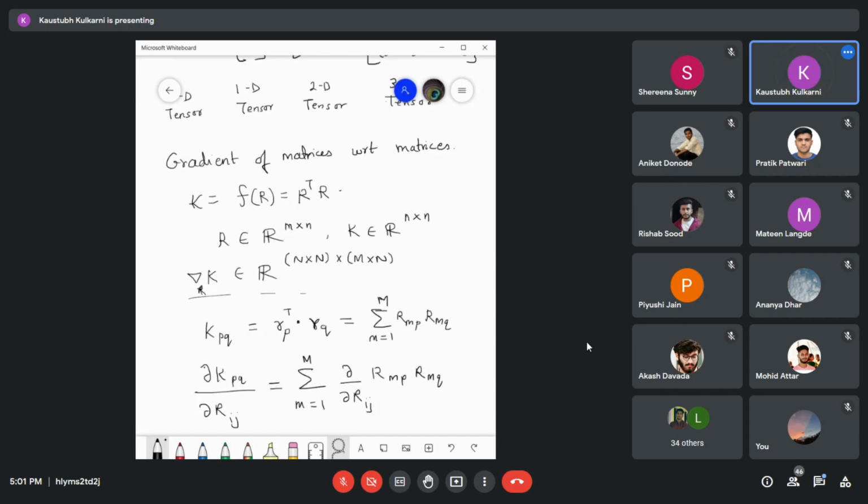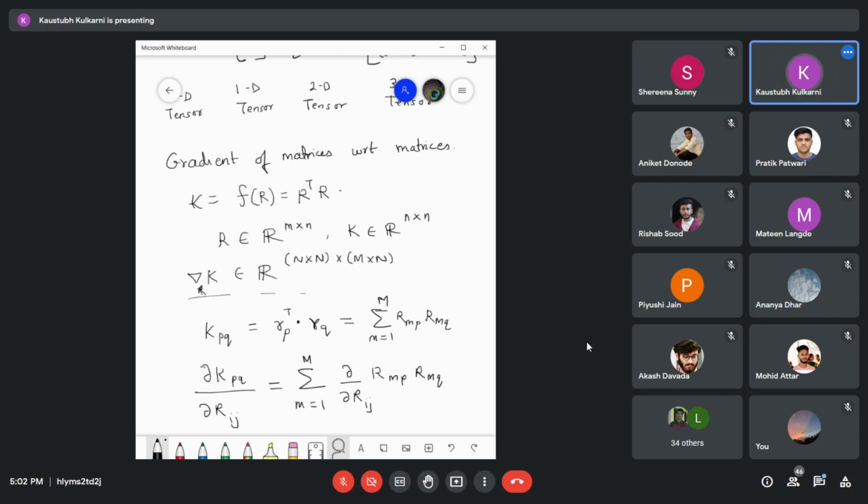Then K_pq means, again this is just the matrix multiplication rule which I'm stating again. When I'm multiplying R transpose with R, I'm multiplying the row of R transpose with a column of R, row with column. That's how we multiply, and this is like finding a dot product.